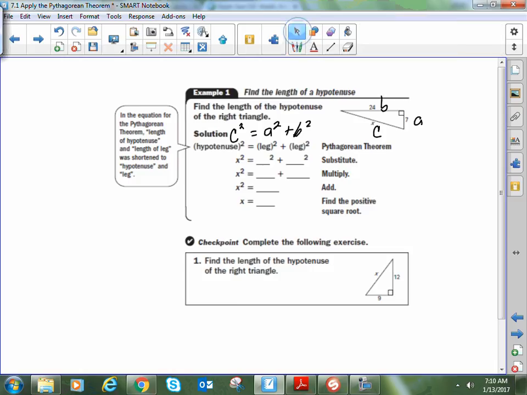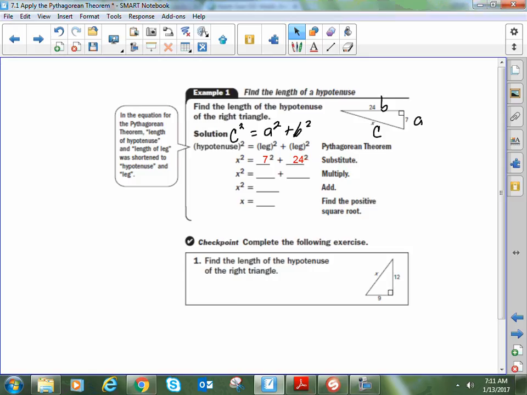Now, taking that into account, we're going to start plugging our values into the Pythagorean theorem. C is the hypotenuse that we're looking for, so we substitute x for C in the problem. And I will substitute 7 and 24 in for A and B. At this point, we're really just letting PEMDAS, or order of operations, take over.